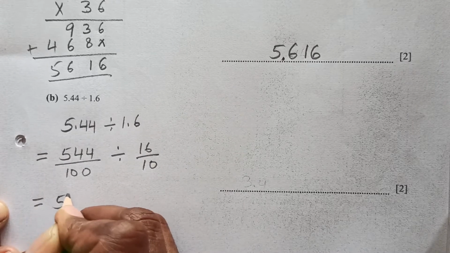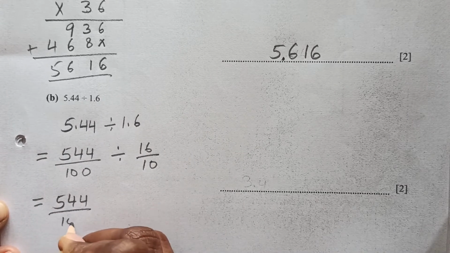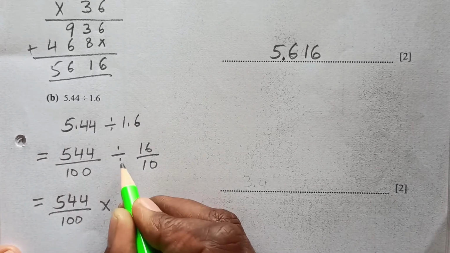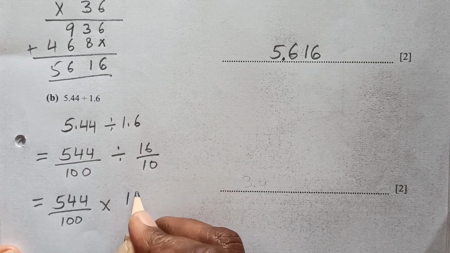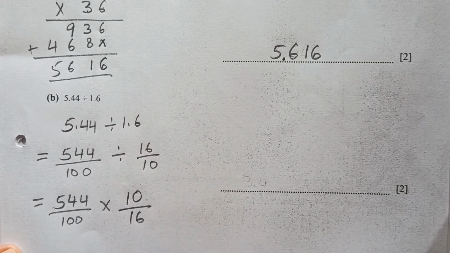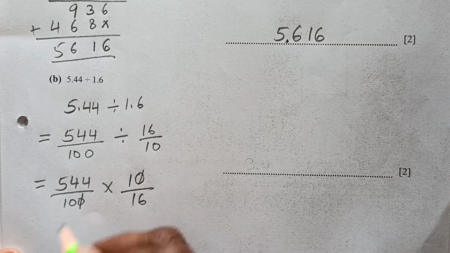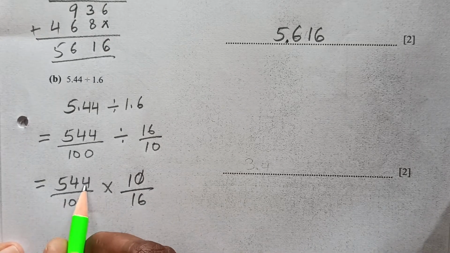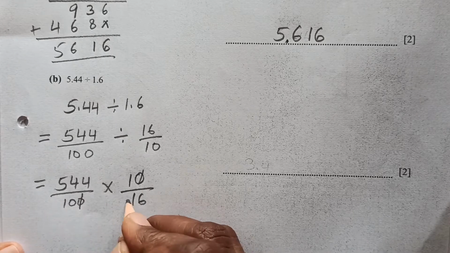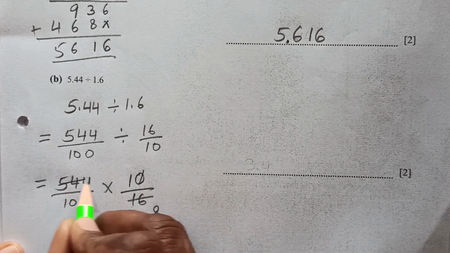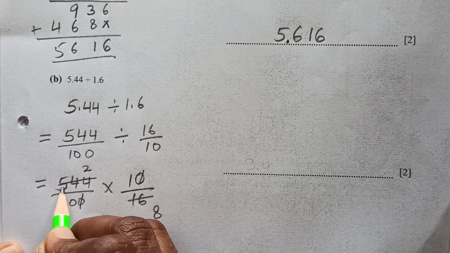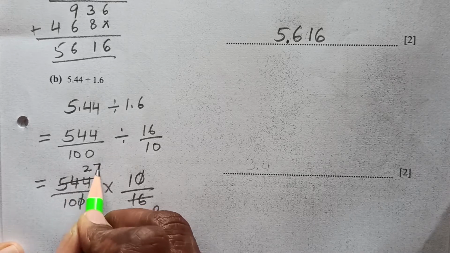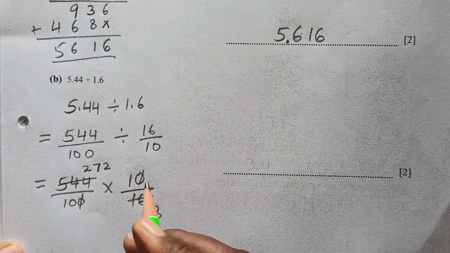Now what to do? 544 over 100 times, so make this times and take the reciprocal of this, 10 over 16. So now this 0 and 0 is gone. So now we can simplify this one. To simplify, now see, these are even numbers. They are divisible by 2. 2 times 8. This is also 2 times 2 is 4. 2 times 7 is 14, 272.